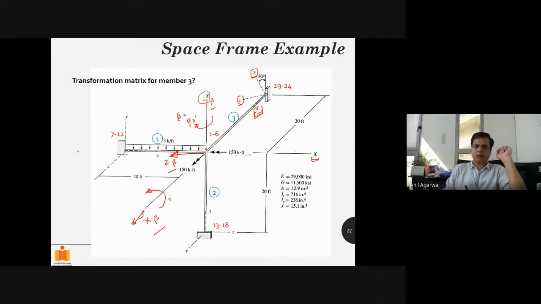Yeah, so anti-clockwise 30 degrees about the global x-axis or beta x-axis, right? So this is alpha. Agreed? If I do that transformation, my y will rotate by 30 degrees this way, my z will rotate by 30 degrees this way, and then they will align with ym and zm.